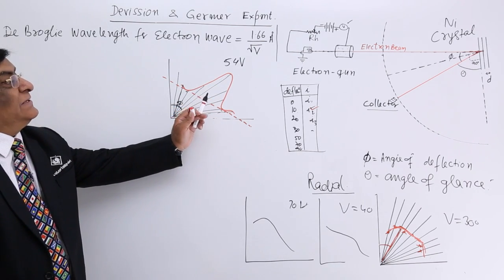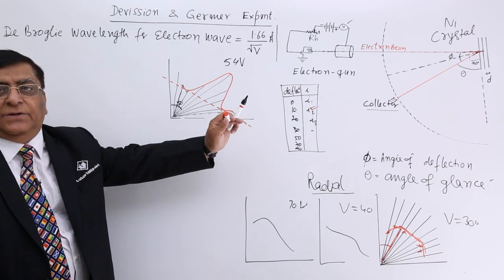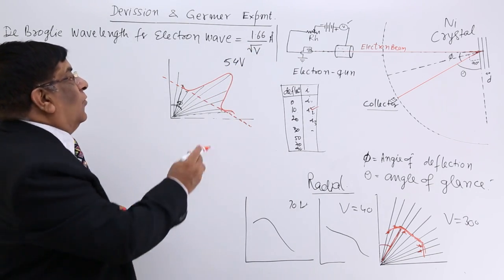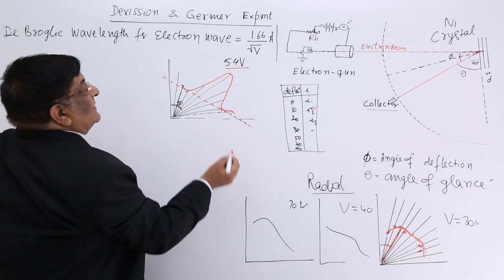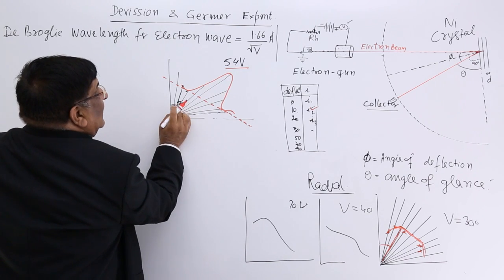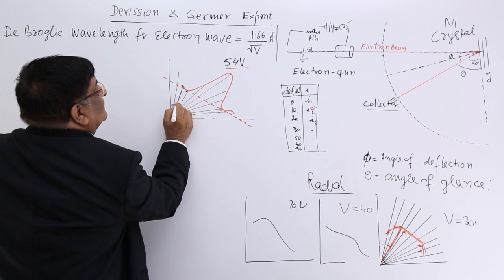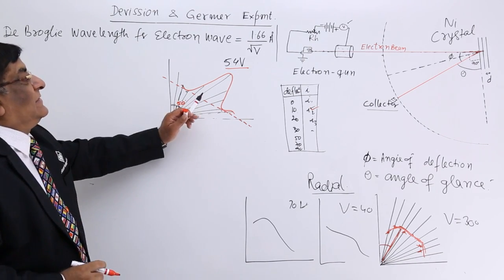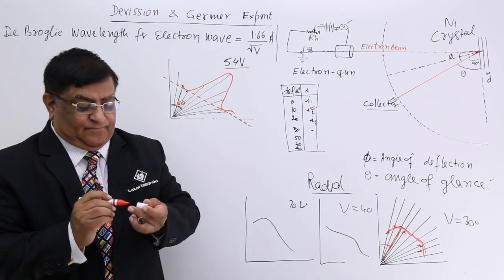This graph appears for electrons when the setting is 54 volt and the maxima is made at the angle 50 degree. And this is the graph we were searching for.